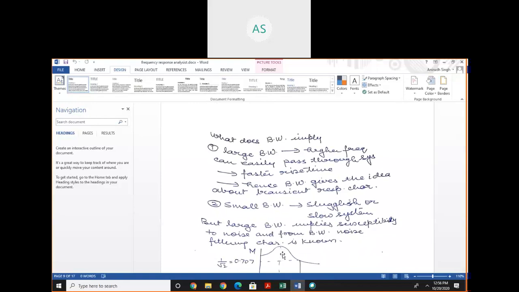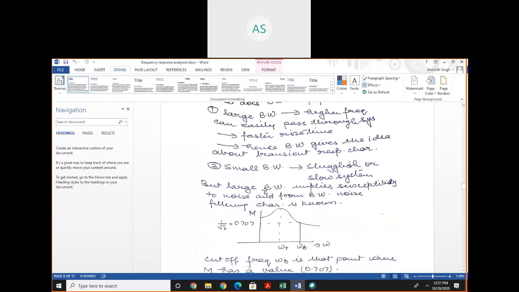What does bandwidth imply, or what is the significance of bandwidth? Large bandwidth means higher frequencies can easily pass through the system, and higher bandwidth means the value of omega n is large. TR, or rise time, is inversely proportional to omega n.